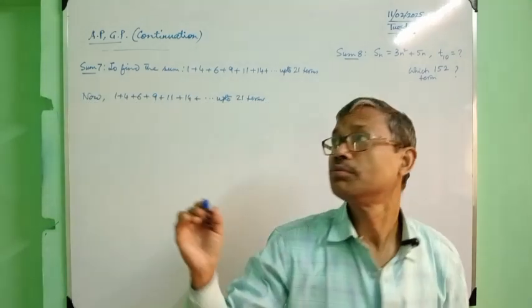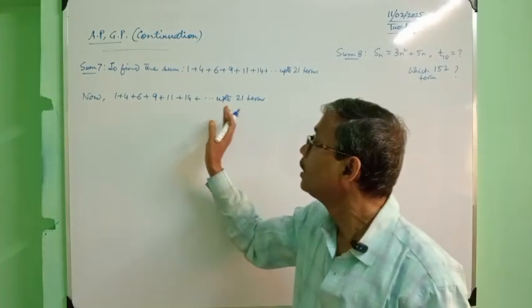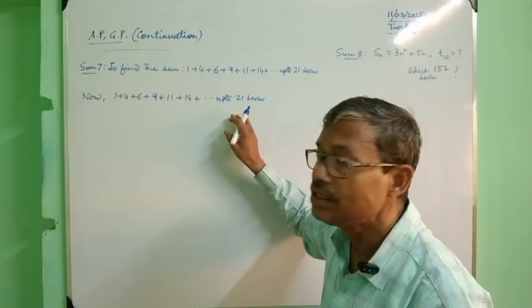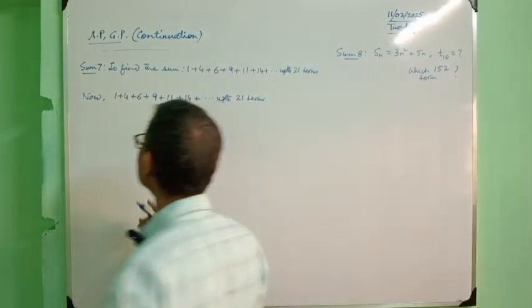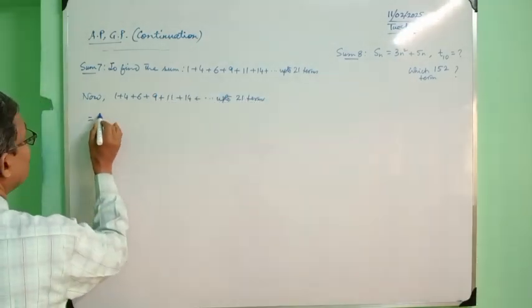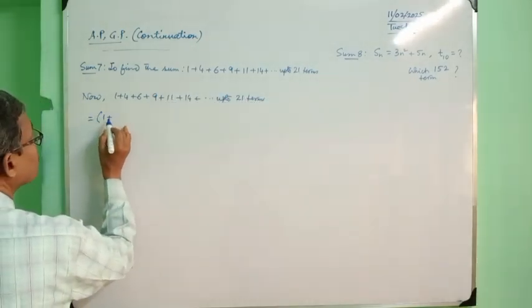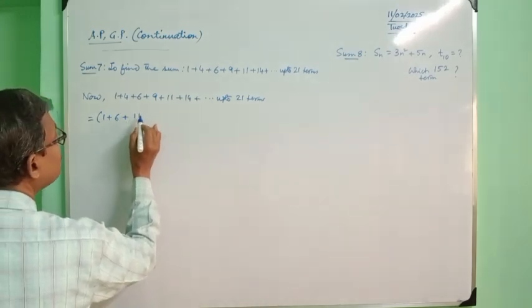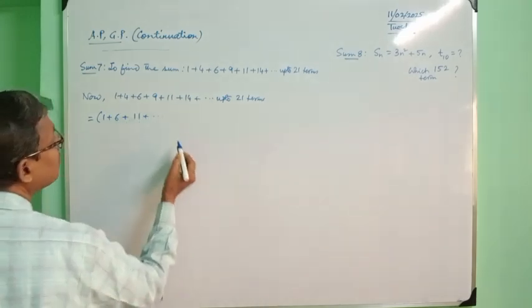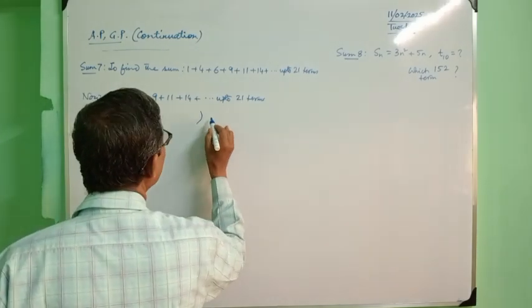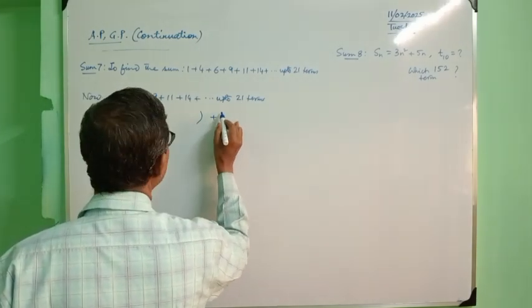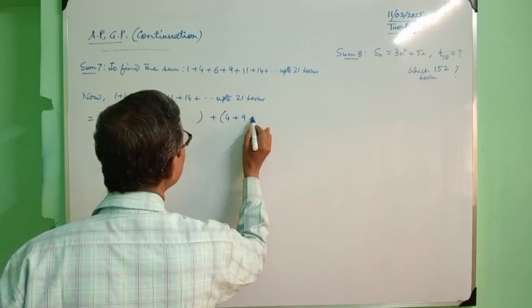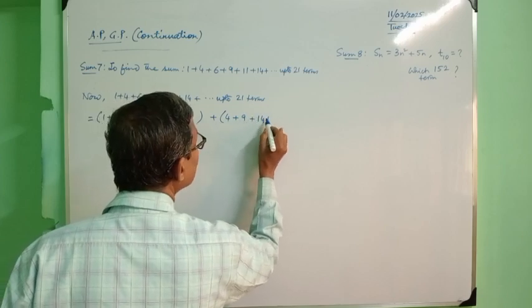Following that property, we first divide this series into two series. 1 plus 6 plus 11 plus ..., and 4, 9, 14.